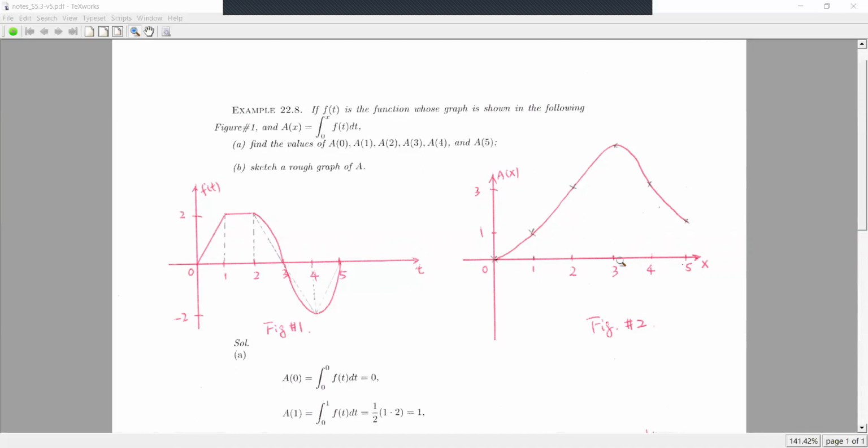The value of the function is decreasing beyond the point 3. It is because A of x is an integral. Integral is the area above minus the area below. When x is larger than 3, say x is here, then the integral is the net area of the region between 0 and x.